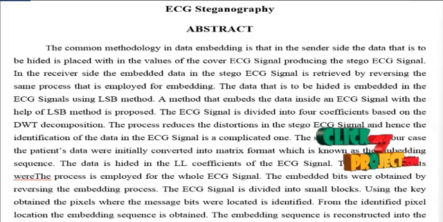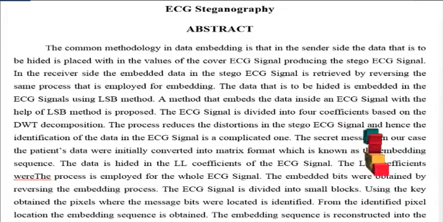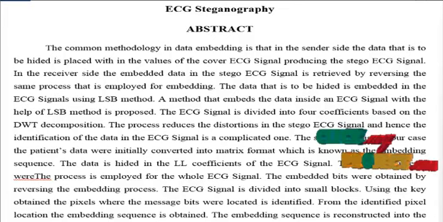The ECG signal is divided into 4 coefficients based on the DWT decomposition. The process reduces the distortions in the stego ECG signal, and hence the identification of the data in the ECG signal is a complicated one.